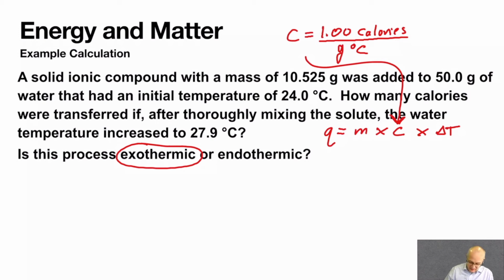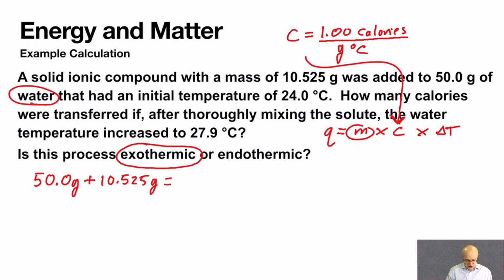The mass of the solution, well, we know we have 50.0 grams of H2O. Oh yeah, we do know it's aqueous, it's in water. Plus 10.525 grams of solute. So we know the mass of the solute and the mass of the water.